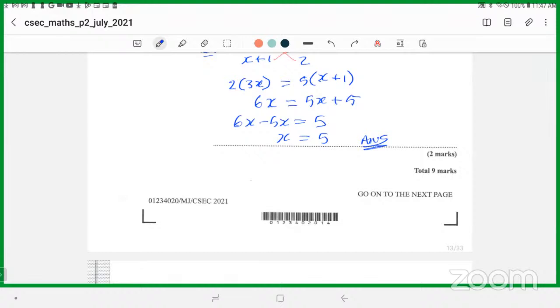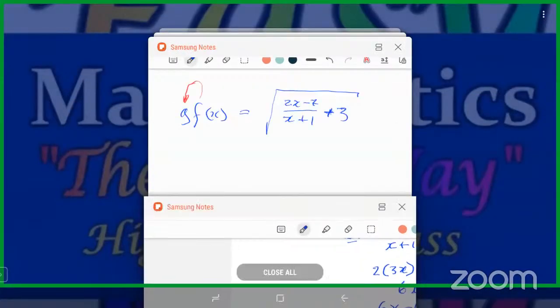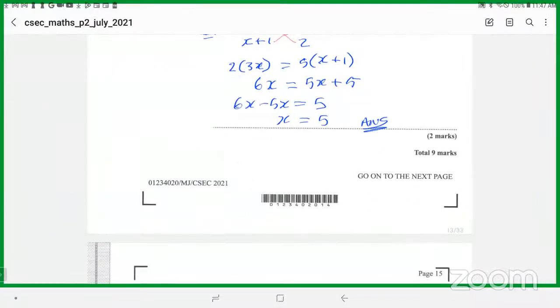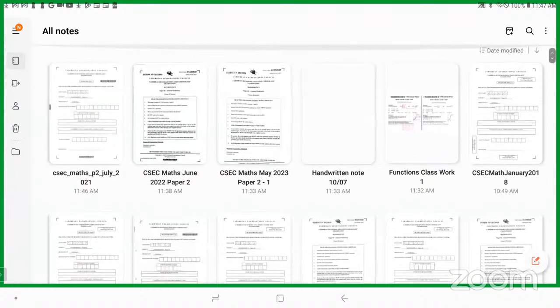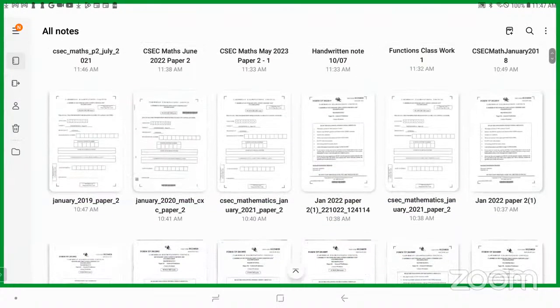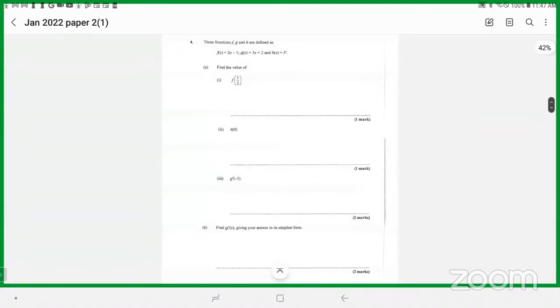So what I want to show you is actually on the January 2021 paper. So let's find that one. We can learn from practicing. That's why we have to practice, because sometimes there are things that you don't get an opportunity to show in the class, but they come up in practice. If you are practicing and you come up on a question and say, sir, you didn't show us this, I say, well, we didn't do any examples with that yet.